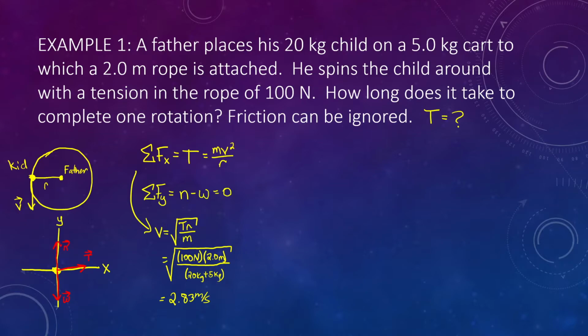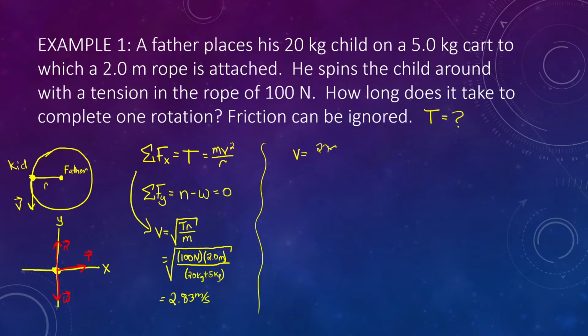Okay, well, we now have our speed, which means we can finally use circular kinematics to solve for the period. We have an equation from our notes. I'm going to separate this a little bit. We have an equation in our notes that says speed v is equal to distance over time.